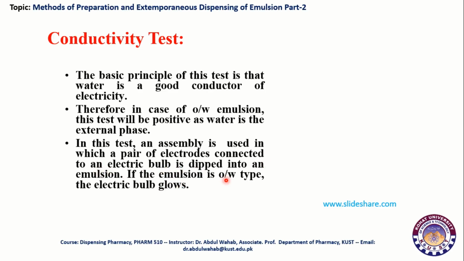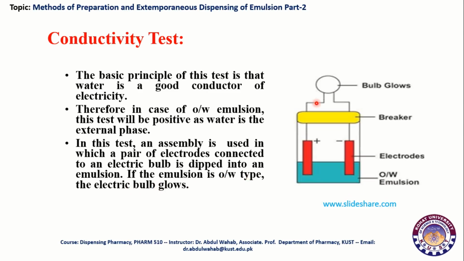If the emulsion is of oil in water type, the electric bulb glows. Like you can see over here, it is a bulb, it is the beaker, and these are electrodes, and it is an oil in water emulsion.